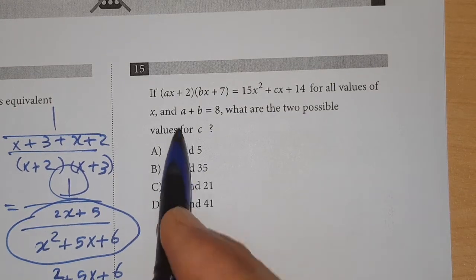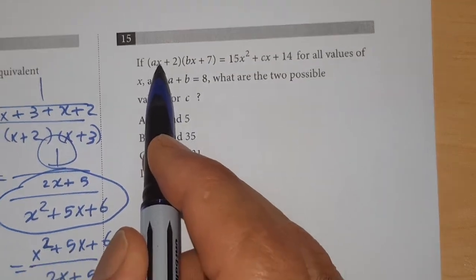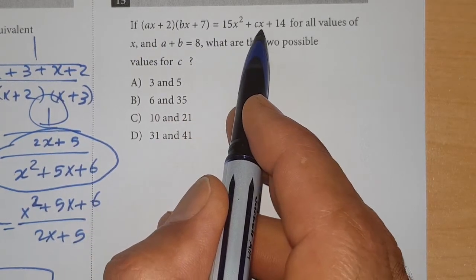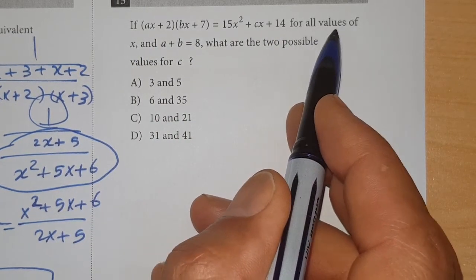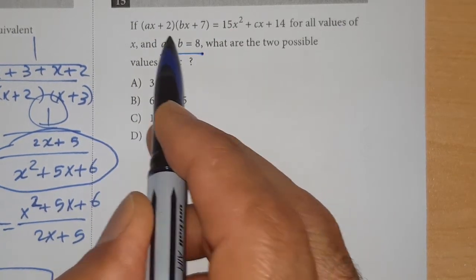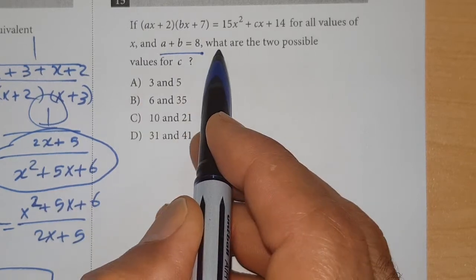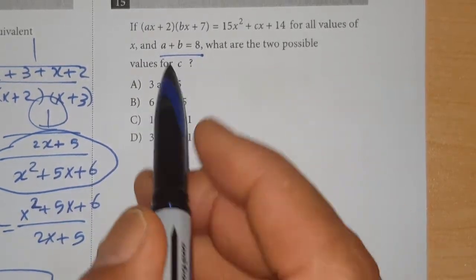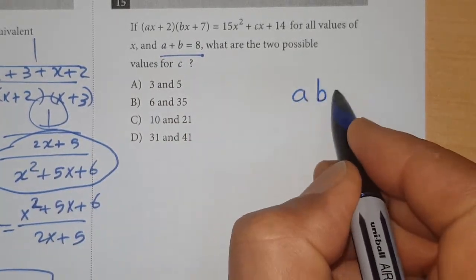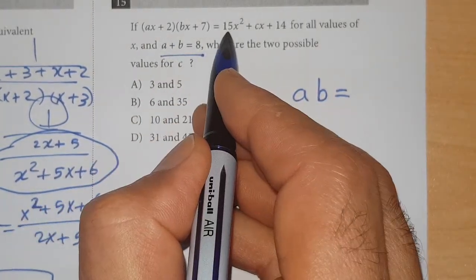Okay, this one. ax plus 2 times bx plus 7 equals 15x squared plus cx plus 14, for all values of x, and a plus b equals 8, the sum of the two numbers a and b is 8. What are the possible values of c? Look, when you multiply ax and bx, you get 15x squared.